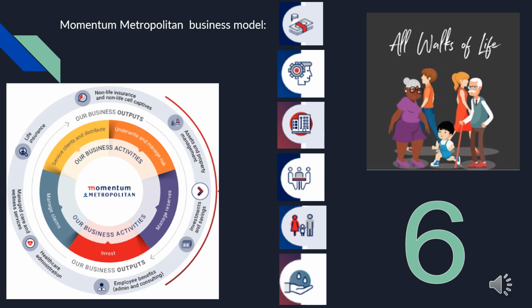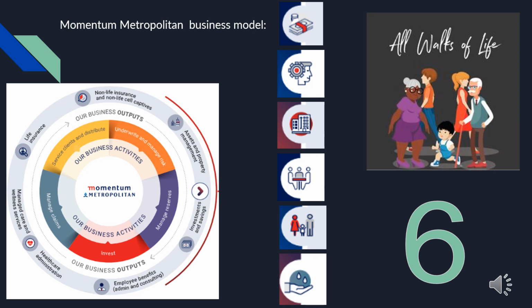This diagram represents how Momentum Metropolitan aims to generate superior shareholder returns through its leading products, valuable distribution partnerships, and excellent client experiences. Momentum uses its capabilities built on the 6 capitals to enable businesses and people from all walks of life to achieve their most important financial goals and life aspirations.